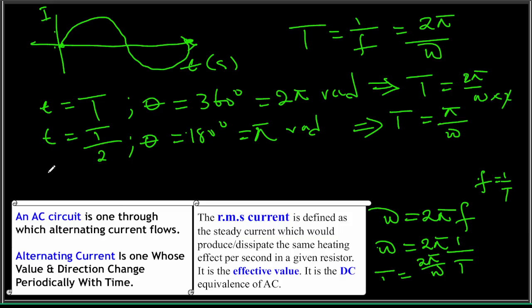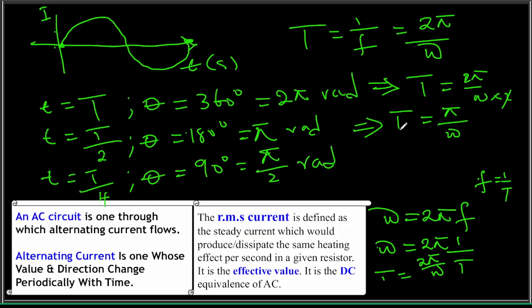So when t is equal to period over 4, that's 1/4 of the period, that means 1/4 of a cycle. That means phase angle is 90 degrees or pi over 2. You must understand this. It's very, very crucial. So this also means that the time will be equal to pi over 4 omega.